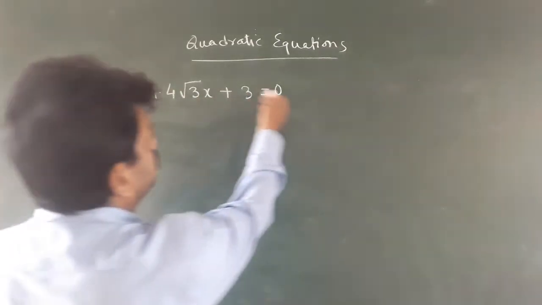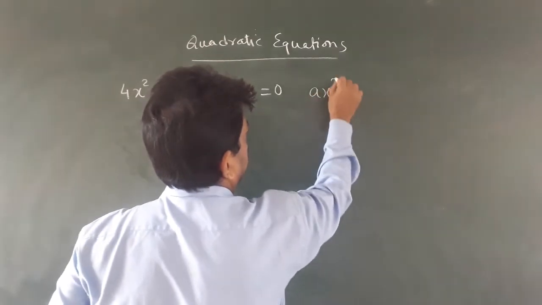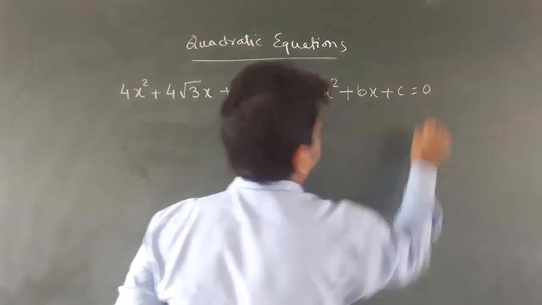Now let us compare this quadratic equation with the general form. The general form is ax square plus bx plus c equals to 0.